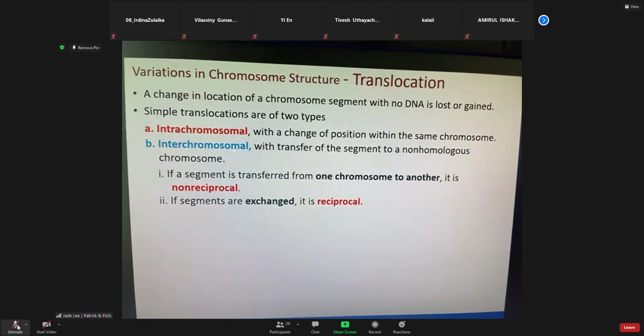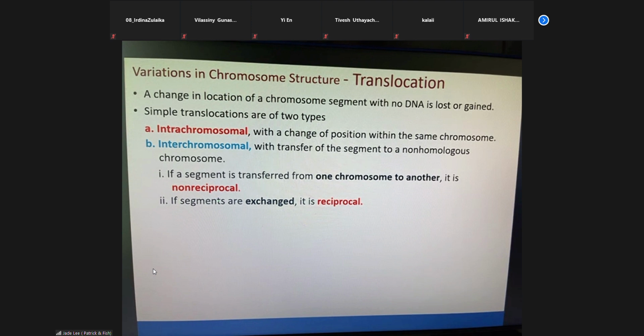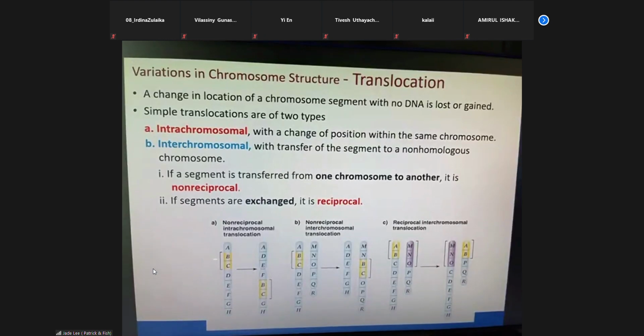So if a segment is transferred from one chromosome to another, then it is called non-reciprocal. So if the segments are exchanged, then it is reciprocal. Okay, macam ini. Kalau you tengok sini, non-reciprocal intrachromosomal translocation. Kalau ini kromosom yang sama kan?